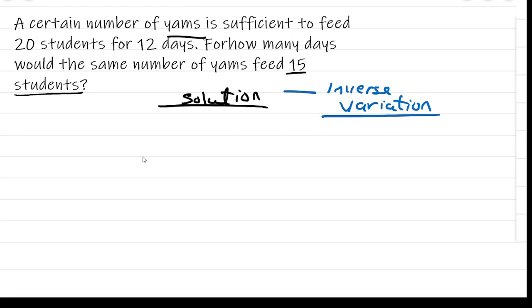First, I will explain variation. Variation occurs when you have two quantities that are related in some way. Let's say A and then B, and it may happen that as A increases, B may also increase.